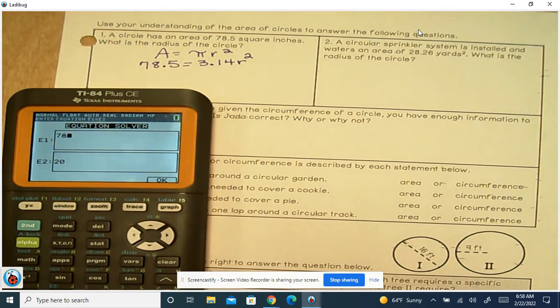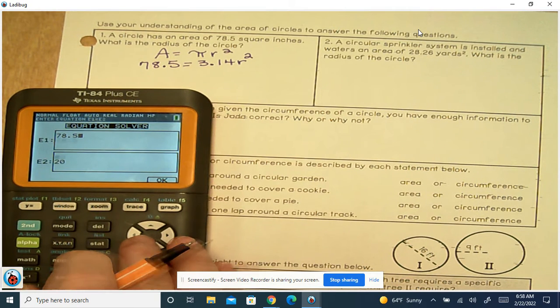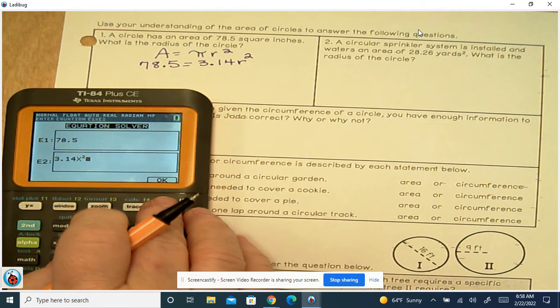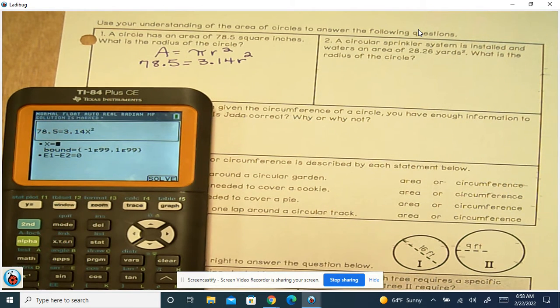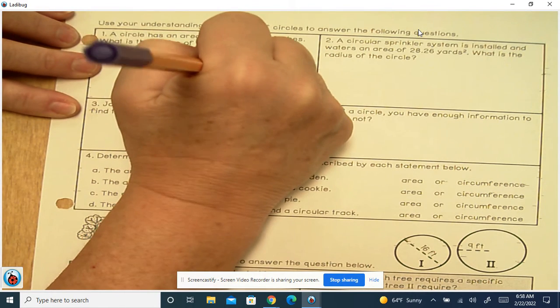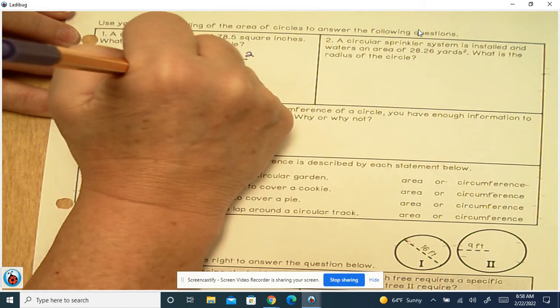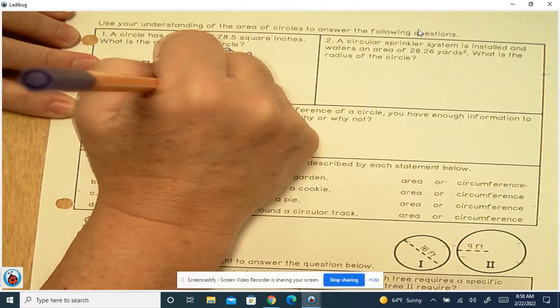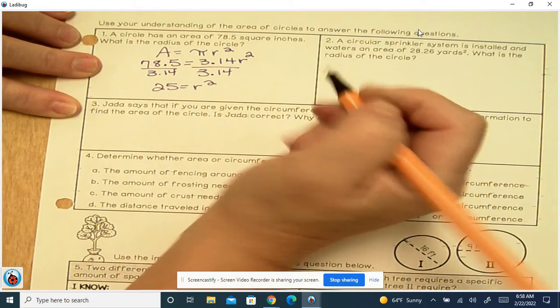And do 78.5, and then come down here, and we can do 3.14, hit X, and then square it, and then hit OK and OK. So that makes our radius is 5. We also could do this and divide by 3.14, and then we get 25 equals r squared.